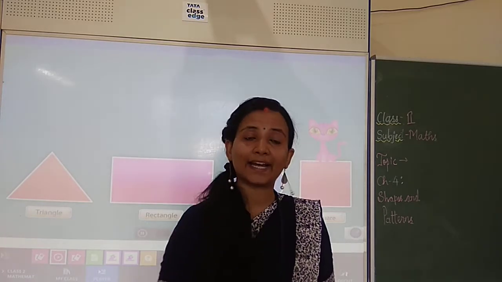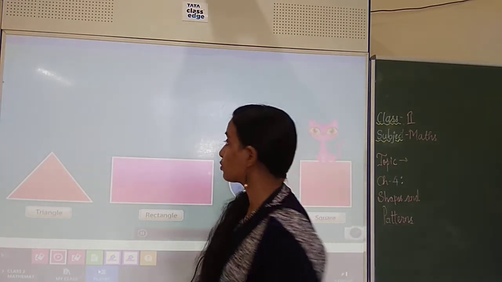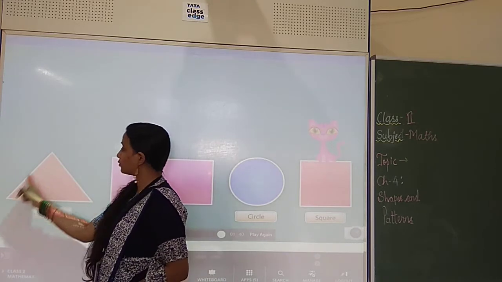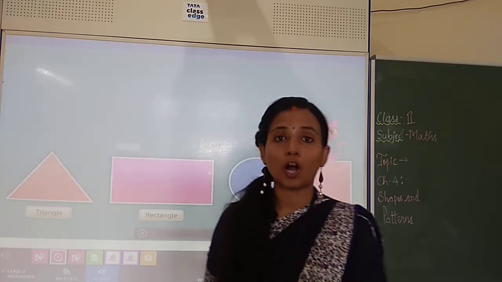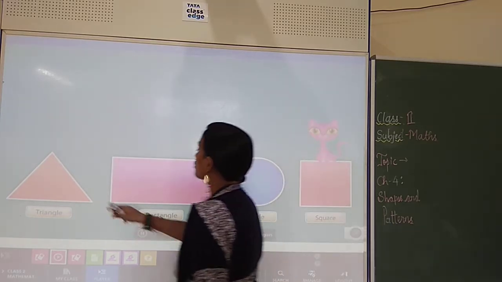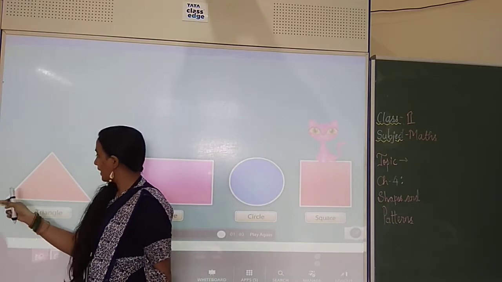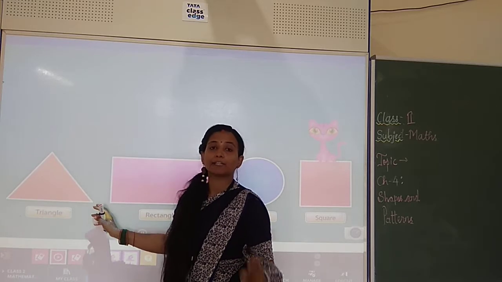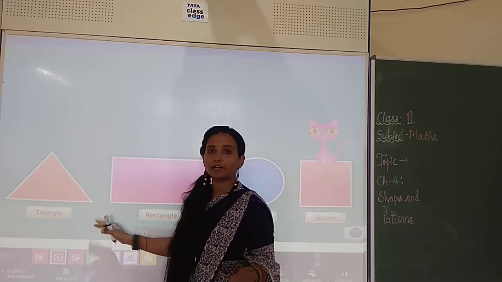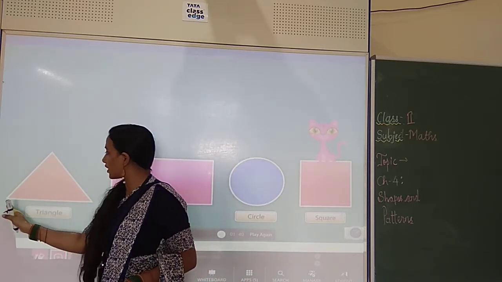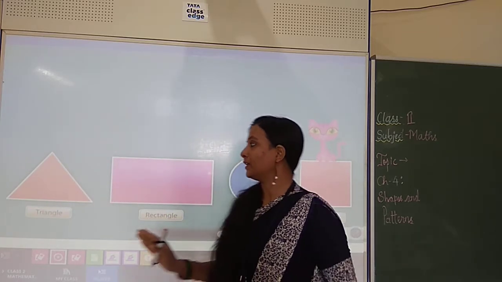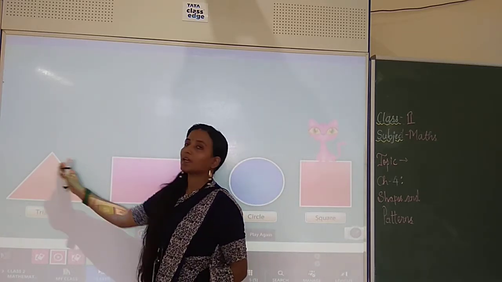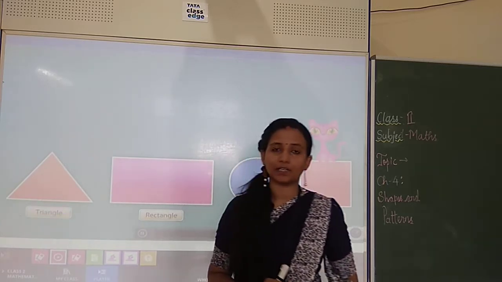In that, there are 2 slanting lines, which means oblique lines, and 1 sleeping line, which means a horizontal line. So 1 horizontal line and 2 oblique lines. Using those 3 lines we can form a triangle.